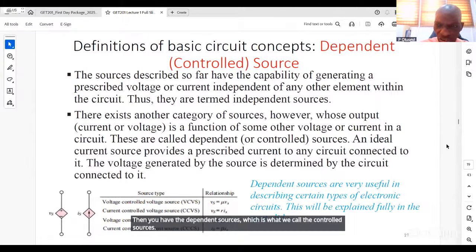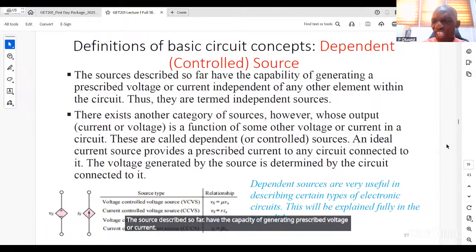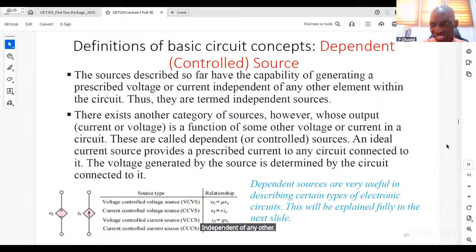They can be voltage or current. So what do we mean by this? The sources described so far have the capacity of generating a prescribed voltage or current independent of any other element within the circuit. I have told you this before. So they are termed independent sources or ideal sources.